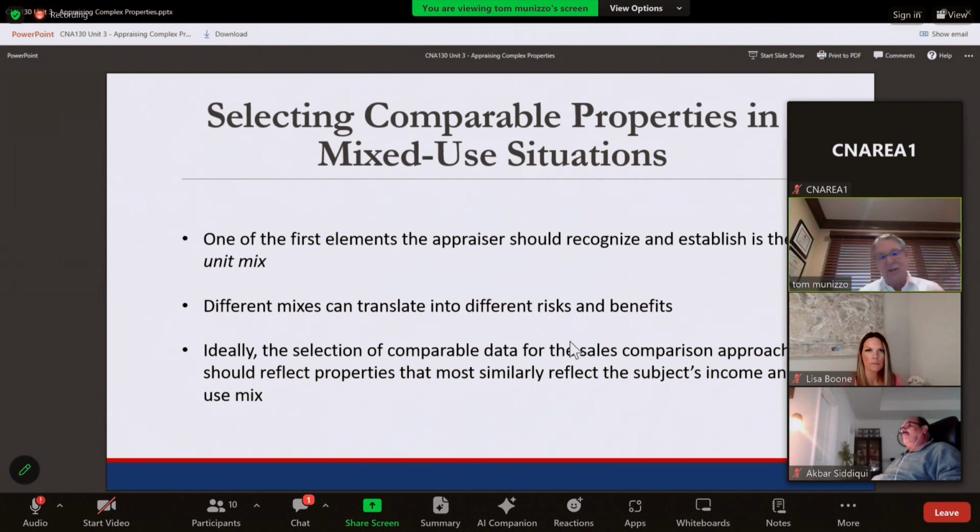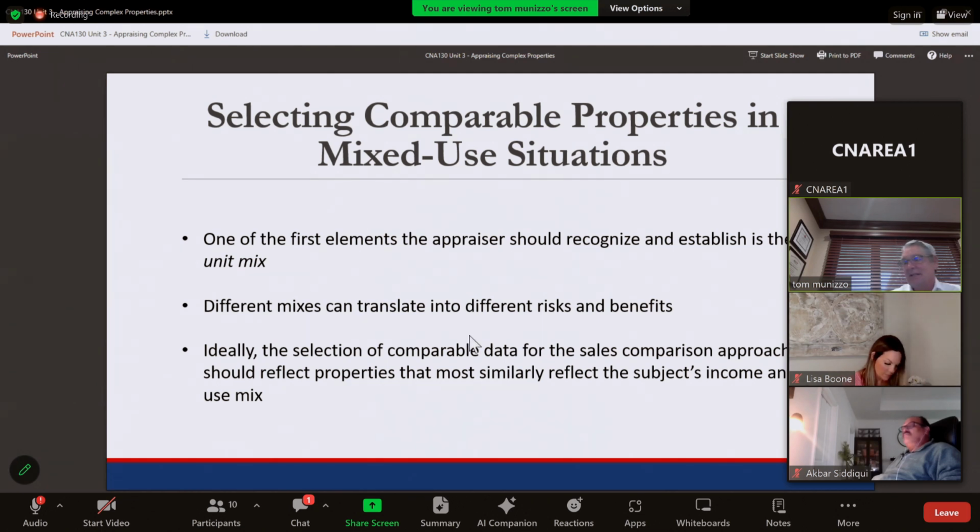The list goes on. You can come up with your own ideas, but the point of that bullet point is that different mixes can translate into different risks and or benefits. Some folks might like to be in the apartment above a coffee shop, so they can come right downstairs and get their coffee every day.